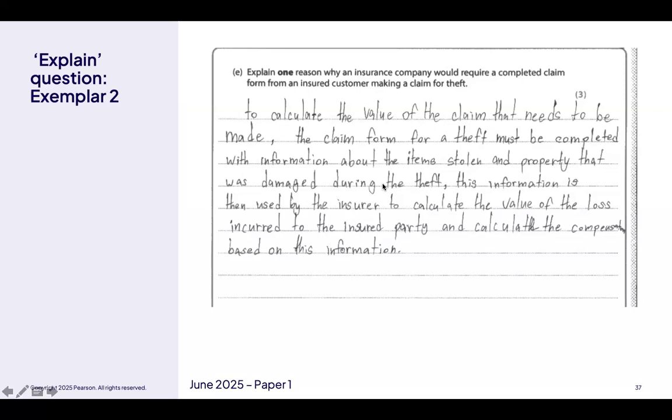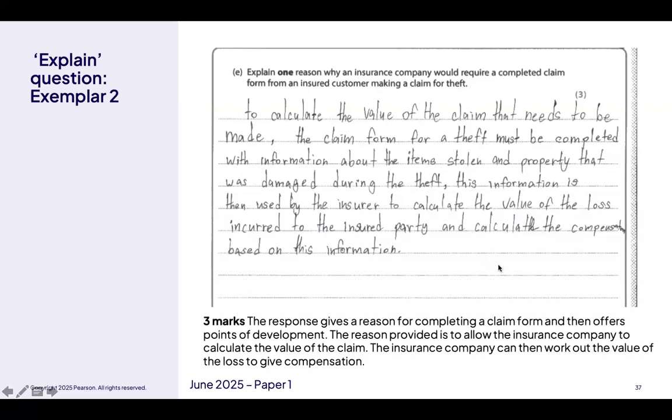Okay, how did you do with that one? I hope we agree that this student has had a really good go at this question in terms of they seem to understand the purpose of insurance and why claim forms are certainly important. This was awarded 3 marks.